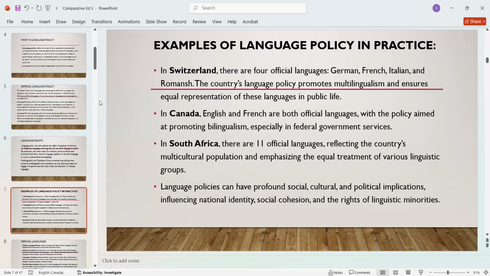And language policies can have profound social, cultural, and political implications, influencing national identity, social cohesion, and the rights of linguistic minorities. So even in Sri Lanka, right, they are saying the political people only create problems among these ethnic people, ethnicity, right?